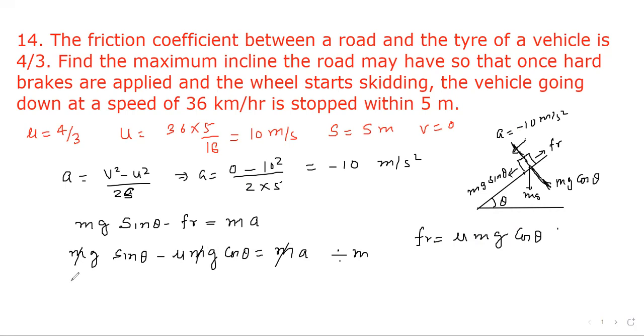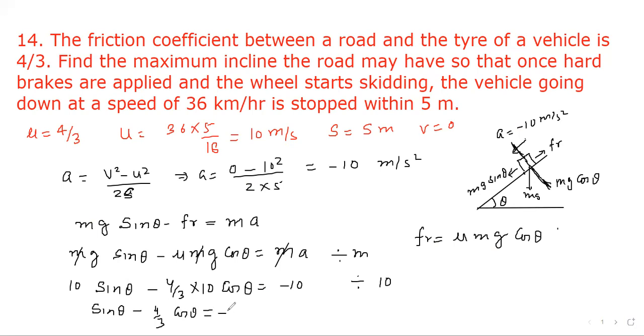Now, 10 sine theta minus mu is given as 4 by 3 into 10 cos theta equal to acceleration is minus 10. Now we divide each term by 10. So this will become sine theta minus 4 by 3 cos theta equal to minus 1.